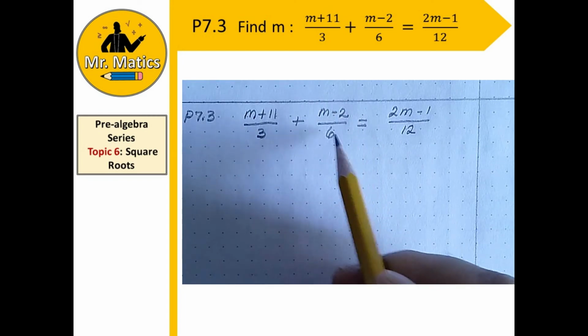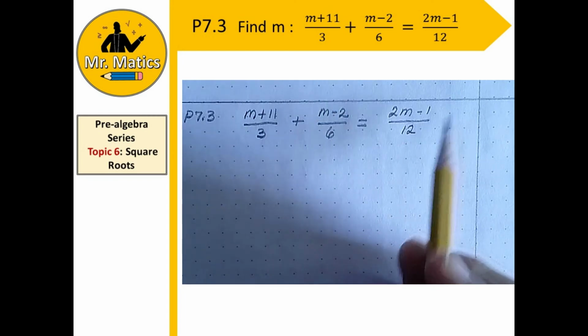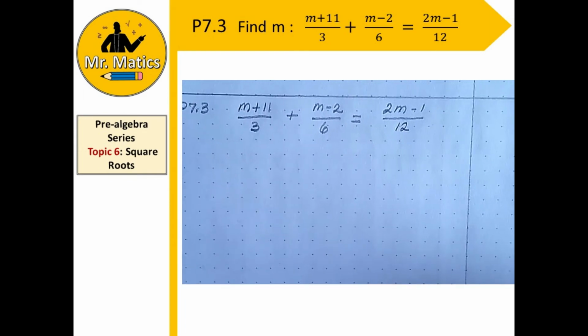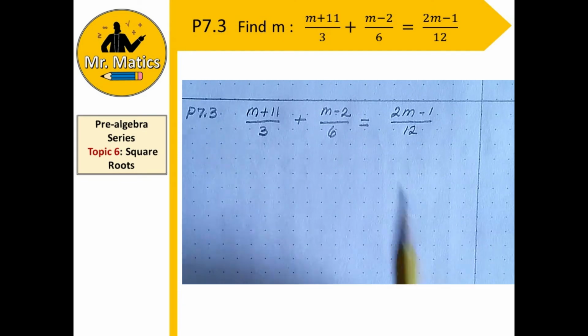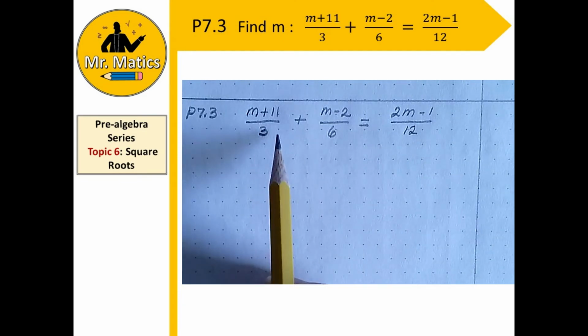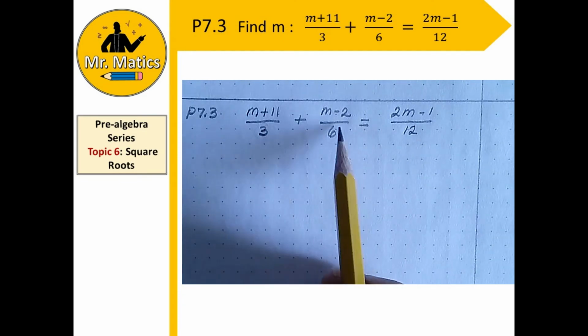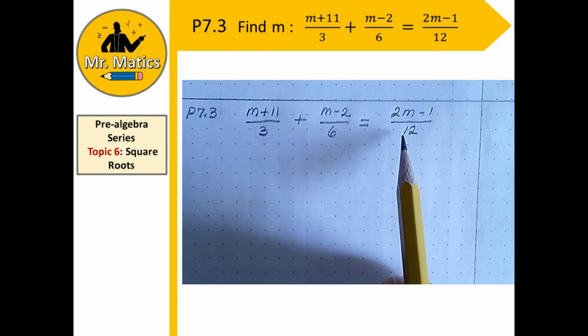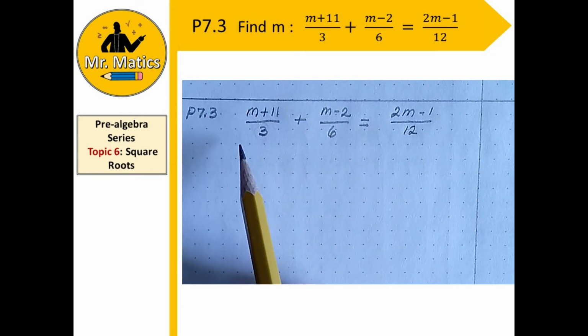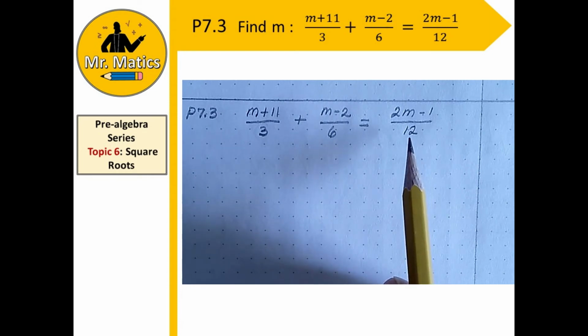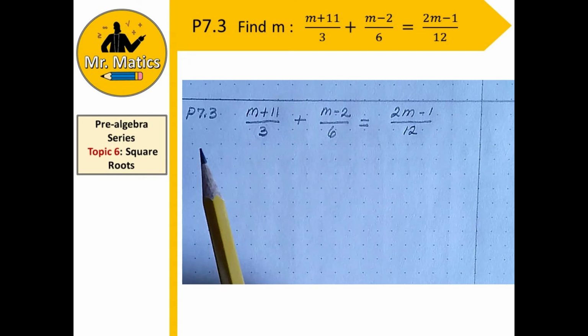So then you add them and then you proceed as you would do for fractions. The other quick way is that we are seeing that factor 3, factor 6 and factor 12 have both factor 6 and 3 in them. So if I multiply both sides by 12, I'll get rid of these fraction forms.